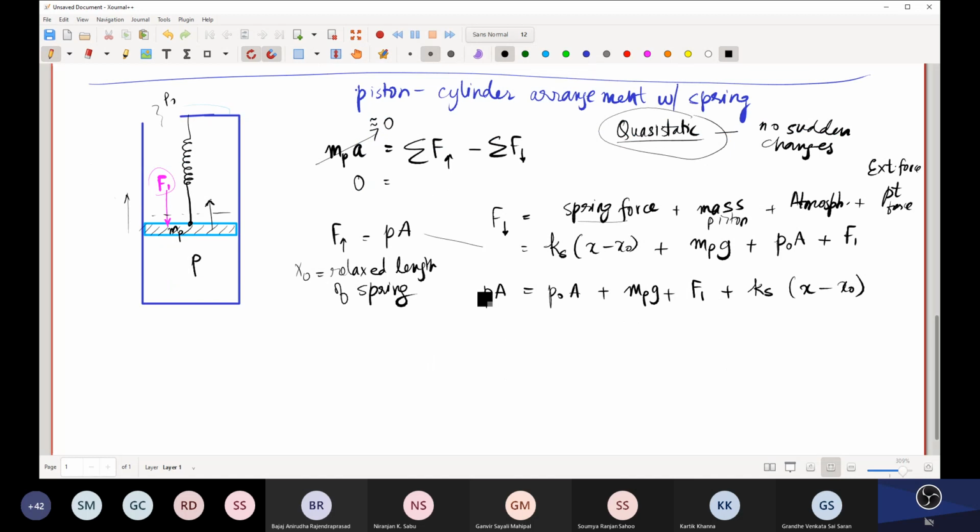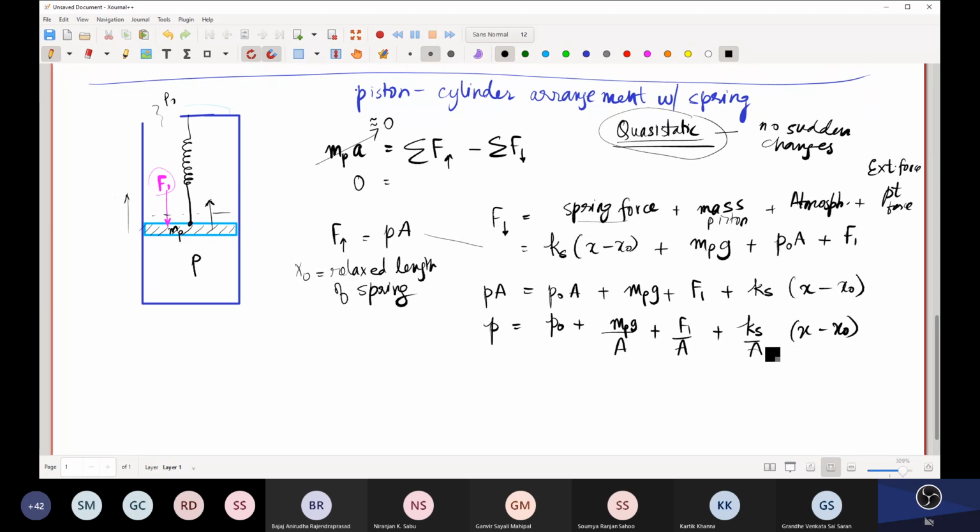And therefore, under this quasi-static approximation, we can say that the pressure can be related to all the external factors as P naught plus mass of piston times g over A plus F1 over A plus Ks over A times x minus x naught.